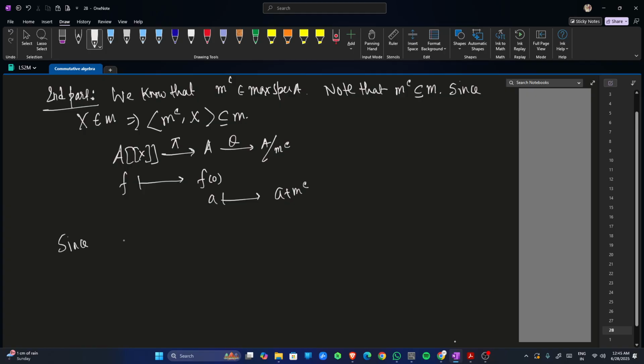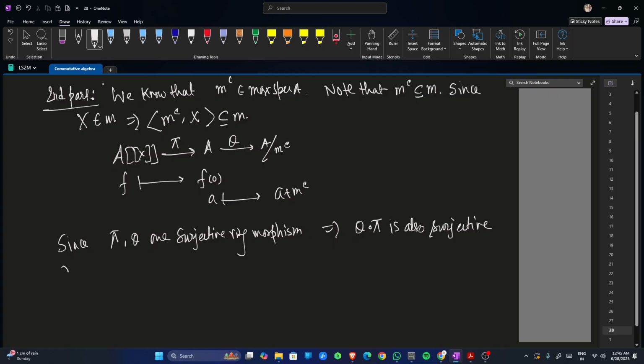Since pi and theta are surjective ring morphisms, theta compose pi is also a surjective ring morphism.